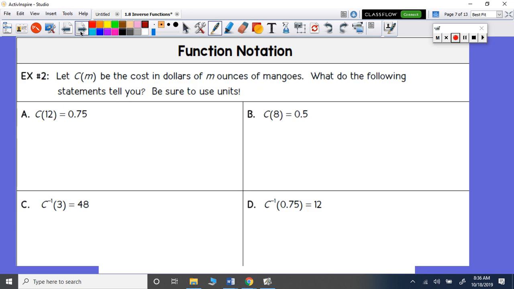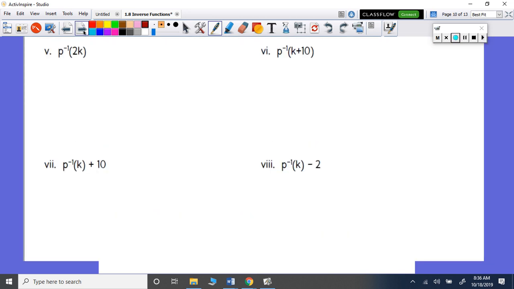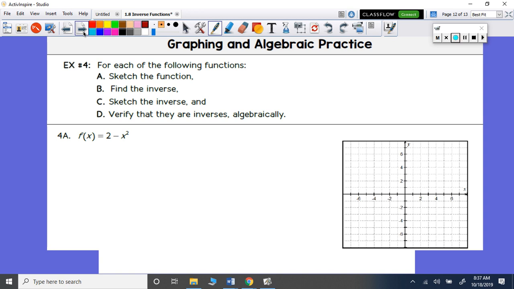But the last thing we're going to do, these procedures for finding the inverse is what we have done. Tonight, you're not going to sketch anything, but you are going to find the inverse and verify that it is the inverse algebraically.